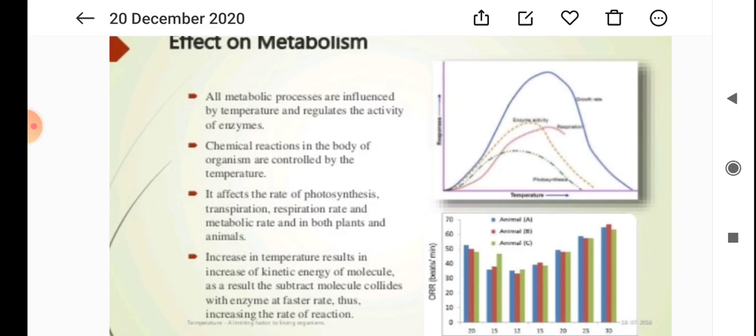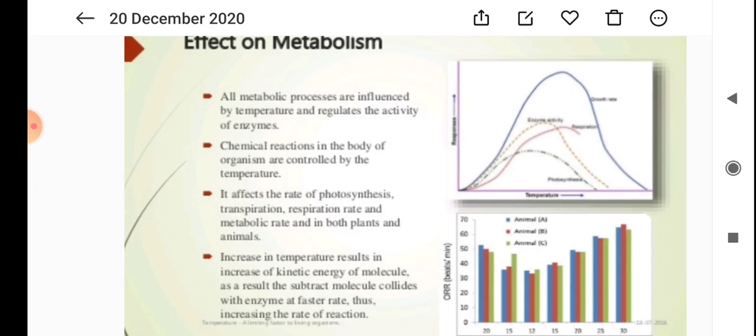The rate of respiration becomes doubled at the increase of 10 degrees centigrade above the optimum temperature, provided that other factors are favorable. However, optimum temperature for photosynthesis is lower than that for the respiration.